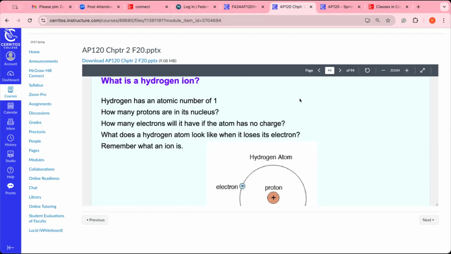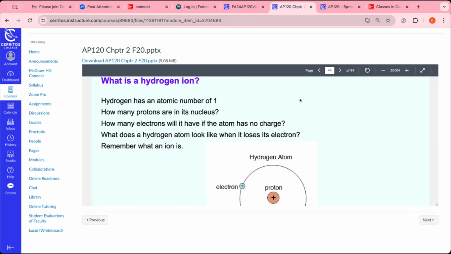It doesn't matter how many other things you might see floating around. The atomic number matches the number of protons, okay? So hydrogen has an atomic number of 1. There's 1 proton in the nucleus.